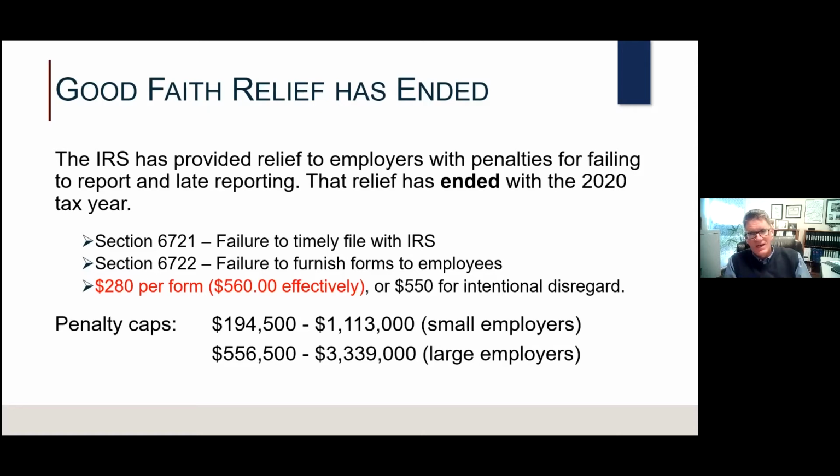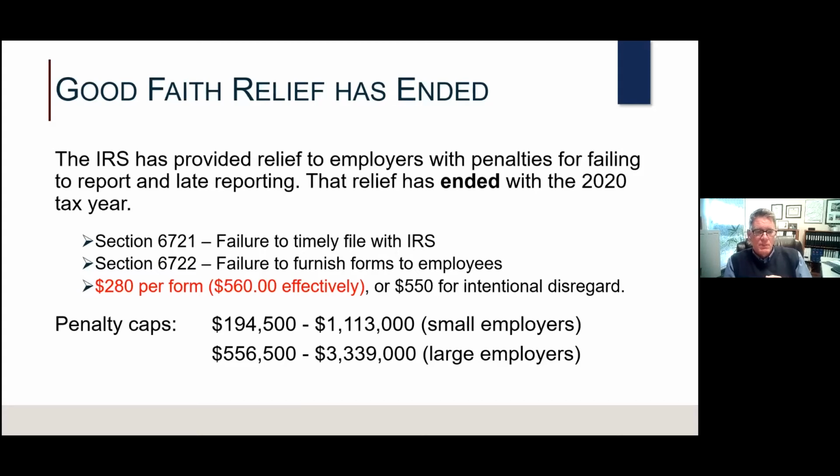That relief has now ended with the 2020 tax year, meaning as of this current 2021 tax year, all of those good faith relief provisions are now gone. This just emphasizes the need to be really diligent that the ACA reporting is being done timely, and is being done correctly.